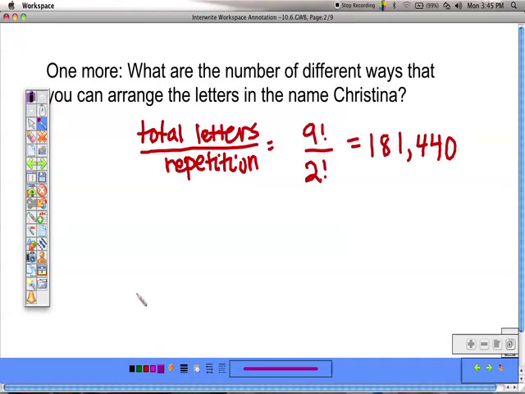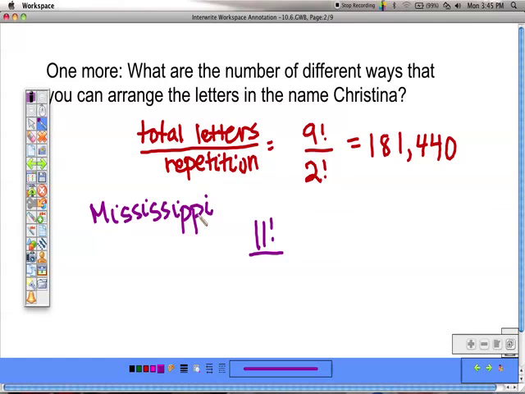Let's do another example, one that has more repetition besides the I. So if we look at Mississippi, alright, so Mississippi right here, if we count how many letters, there's 11 letters. But then we have a couple letters that are repeated a couple number of times.